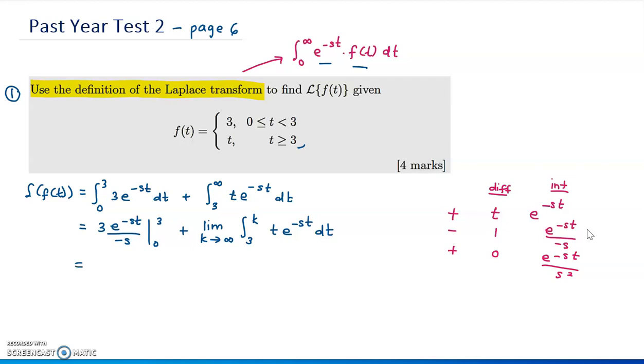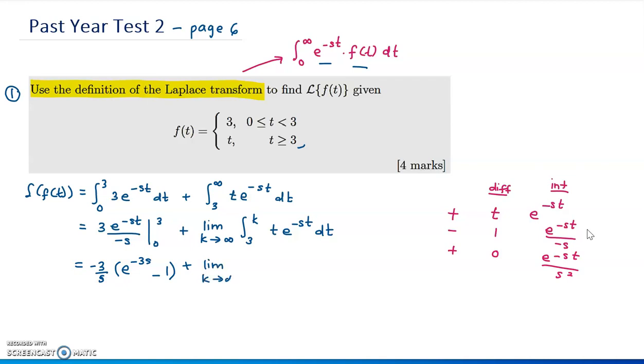All right, so back to the integral. We have negative 3 over s, which I can put aside, because we evaluate for t equals 3 and t equals 0. In the bracket we have e^(-3s) minus e^0, which is 1. Now see what happened to the second term.